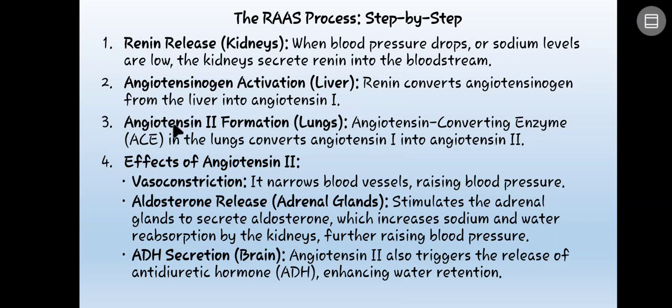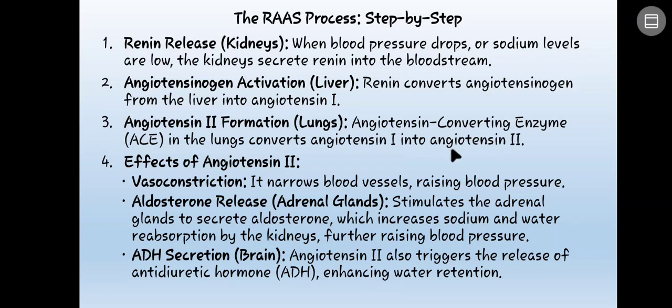Now, the angiotensin 1 would be in circulation until it gets to the lungs, and the lungs produce an enzyme called the angiotensin converting enzyme, which has the ability to convert the angiotensin 1 into angiotensin 2.